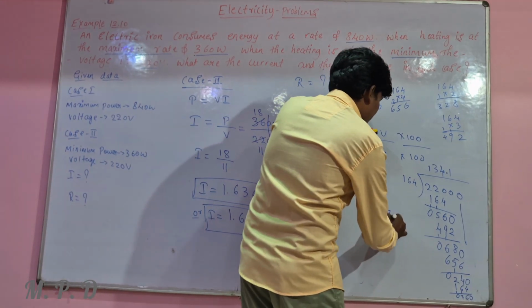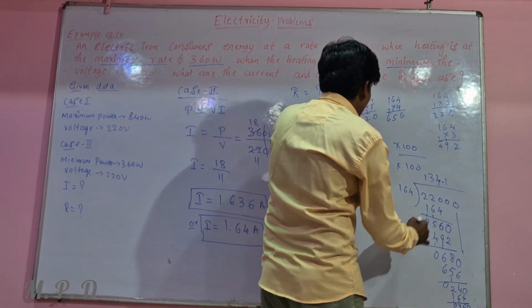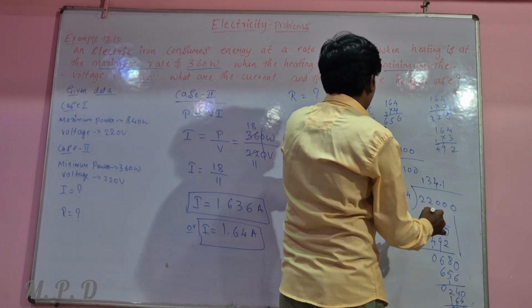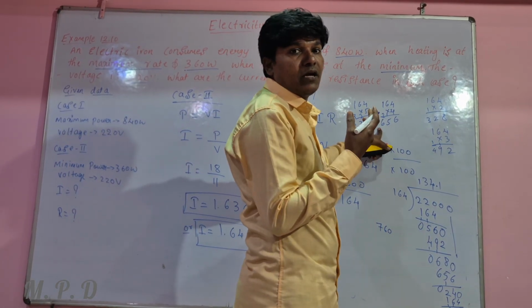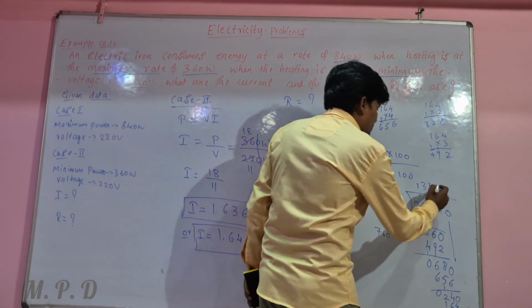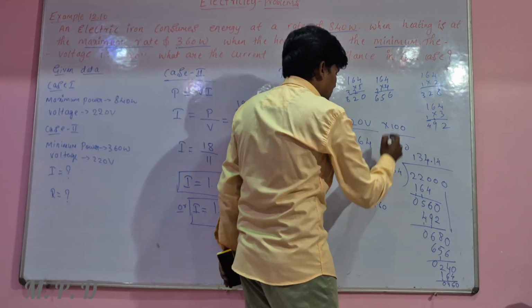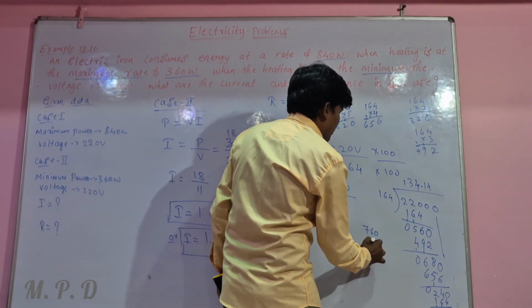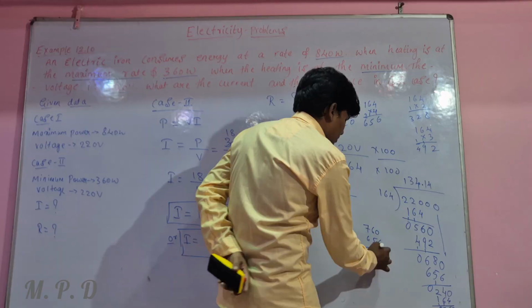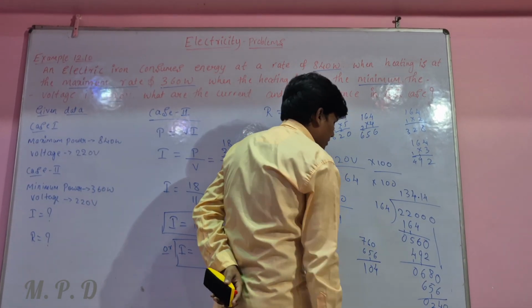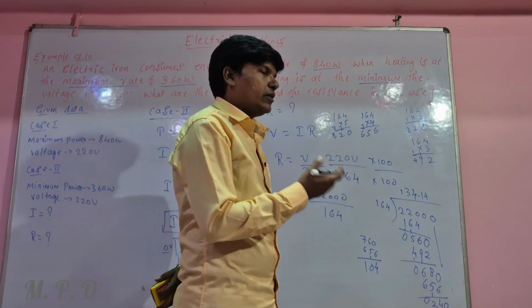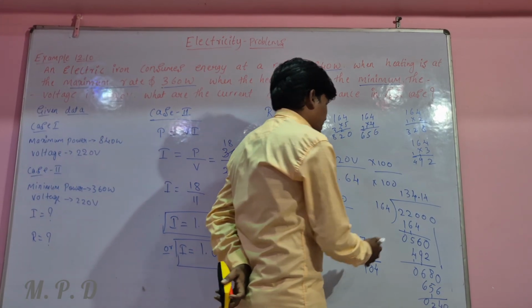So 760, 840, 490. We can take it as 4. 164 4s are 656. Okay, 4 0 and 1. Again it will continue in the same way.